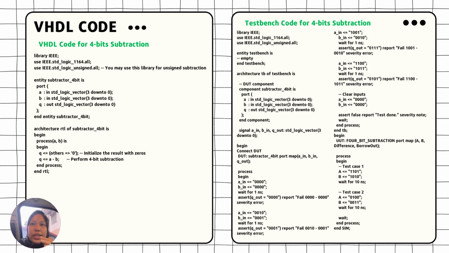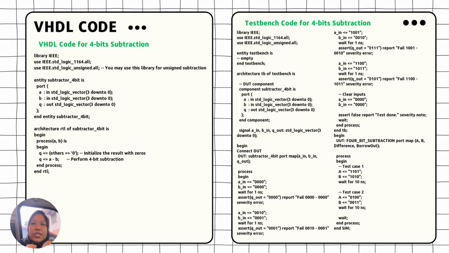For the test bench code, firstly, the entity declaration. This code declares an empty test bench entity. Second, architecture implementation. This declares the architecture named TB for the test bench entity. Thirdly, component declaration. The test bench includes the declaration of the component named subtractor 4-bit, representing the 4-bit subtractor.